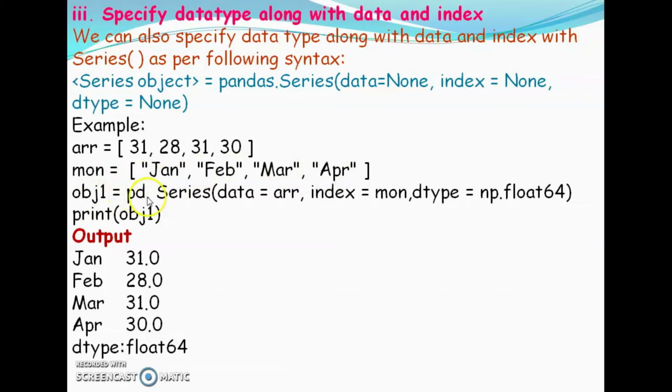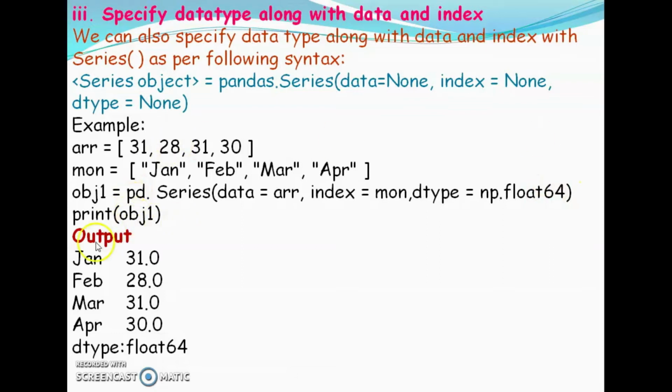obj1 is equal to pd.Series, data is equal to ARR, 31, 28, 31, 30. Index is equal to MON, Jan, Feb, Mar, Apr. dtype is equal to np.float64. Data type of this data is float64.